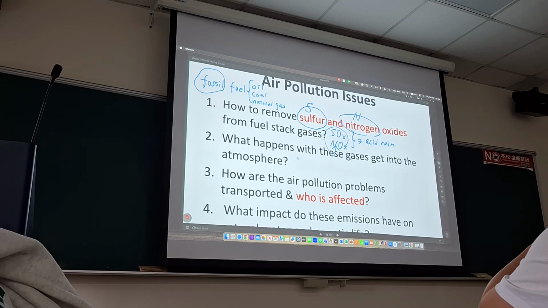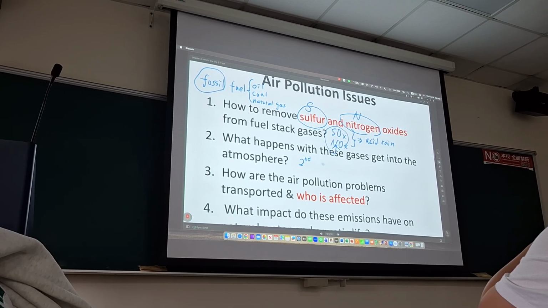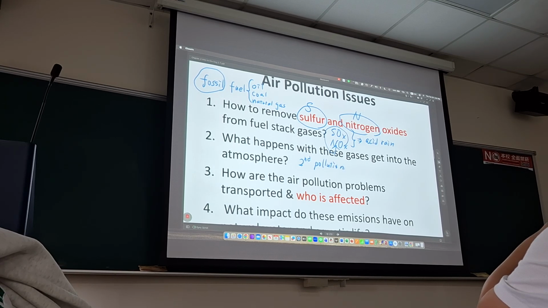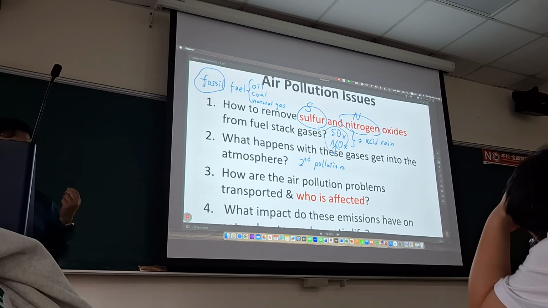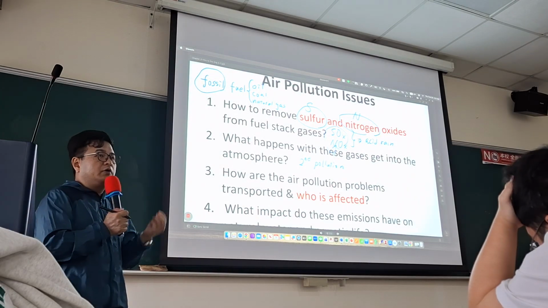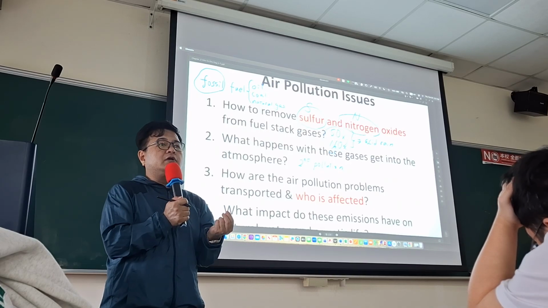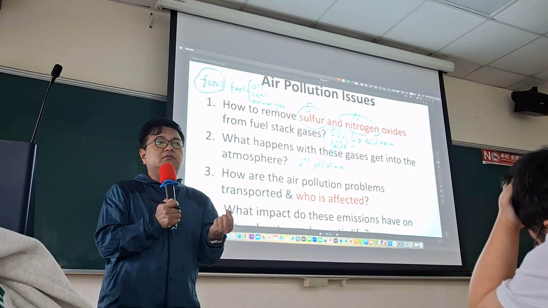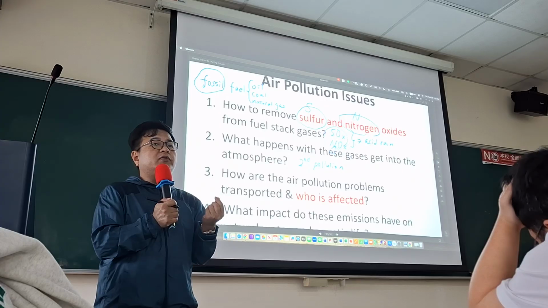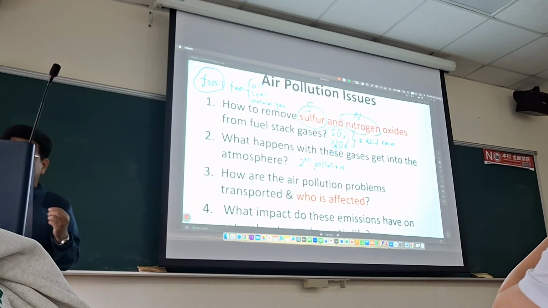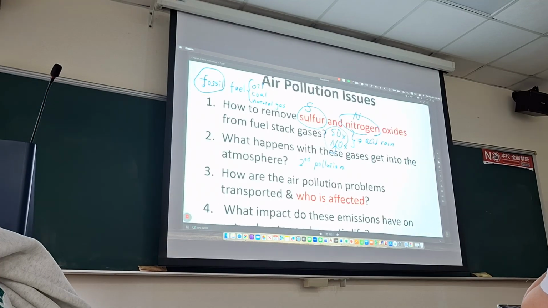We call these secondary pollutants. As I said, SOx and NOx will result in acid rain, and NOx will result in photochemical smog. This is what we are going to learn in this course as well.